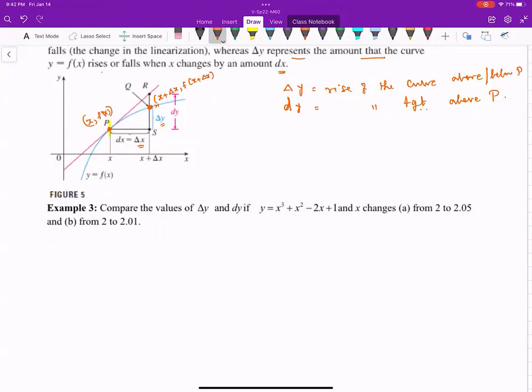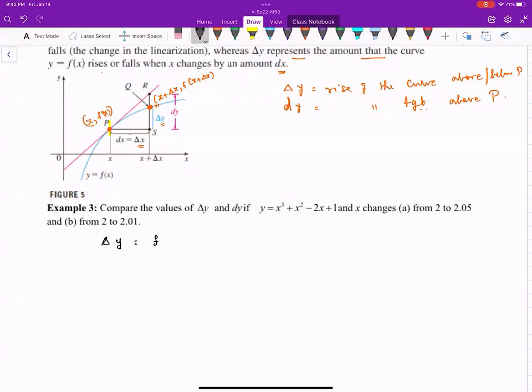Okay? So the differential dy is the rise of the tangent from the point P. So compare delta y and dy in this problem. Let's start with delta y. What is delta y in the problem?